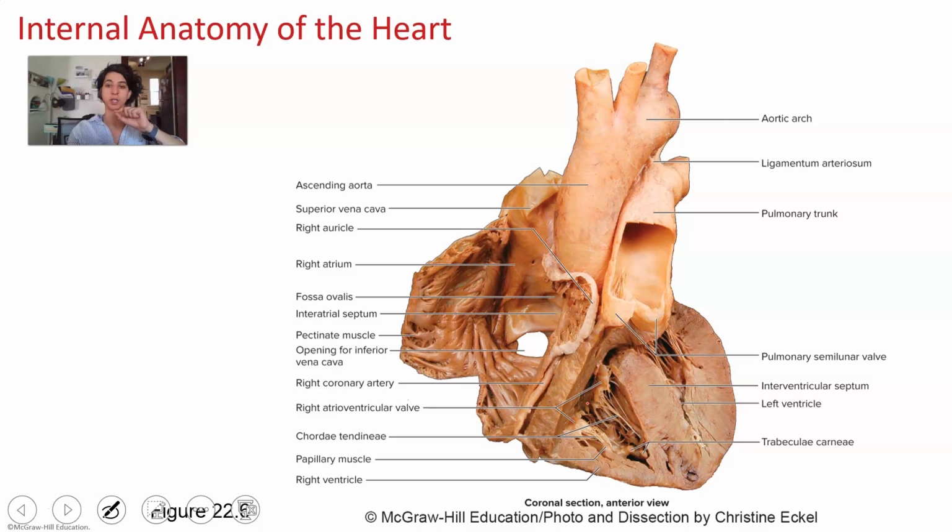Form follows function. If we think about form following function in the anatomy of the heart, we see this very, very clearly in looking at the wall, or the myocardium, of the left ventricle versus the right ventricle.